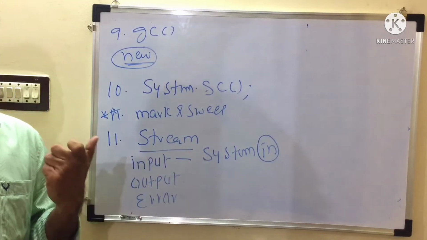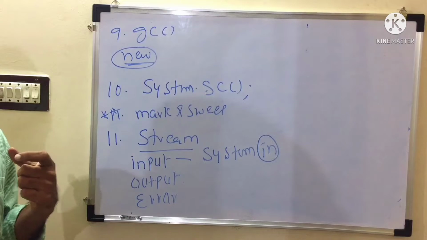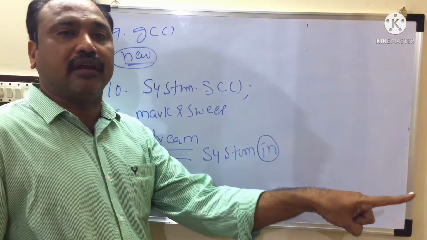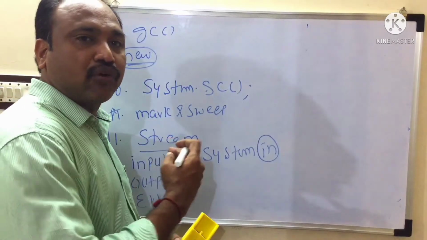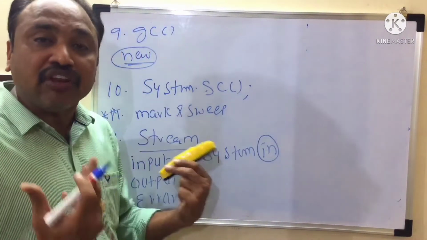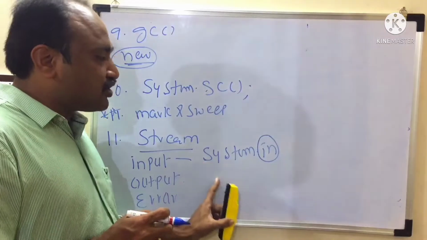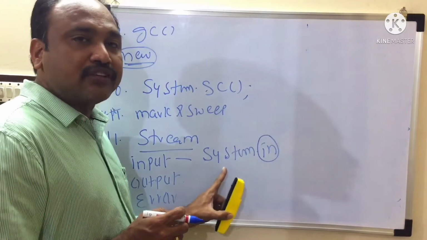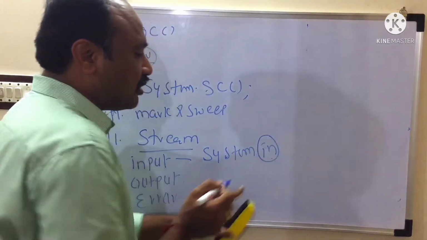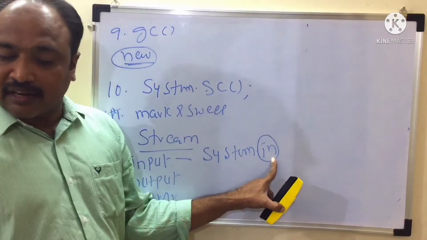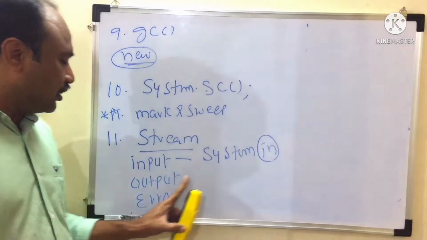By using the Scanner class to read data, we write Scanner scan = new Scanner(System.in). From where do you want to read? If you use System.in, System is a predefined class, in is a static object, and it is indirectly directed to the input device.